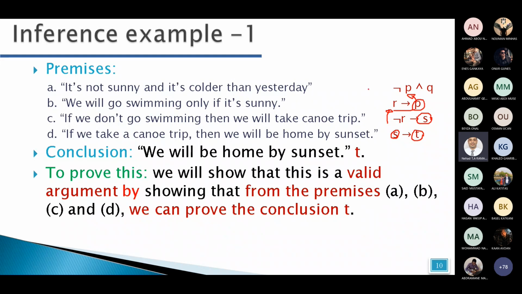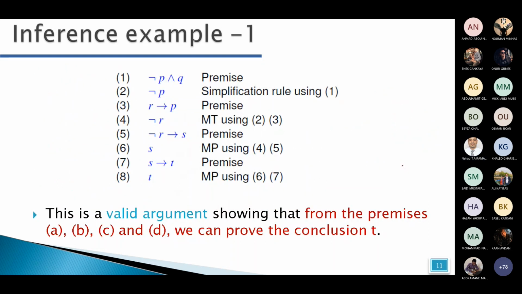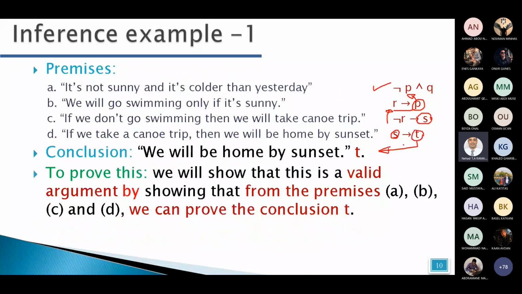So we have to start from here and go back until we reach T. This is our plan. Now we have to search for the rules to carry out our plan.